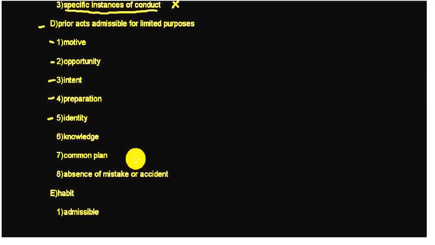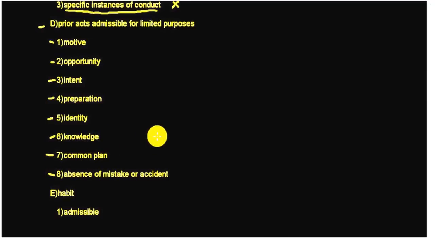So when criminals routinely leave a calling card in past instances, it is typically admissible to prove identity in the current case. Knowledge. So this one is essentially the knowledge that a crime was committed. Common plan. This one is also similar to the cocaine example. To establish a common scheme or plan for trafficking cocaine in that instance.